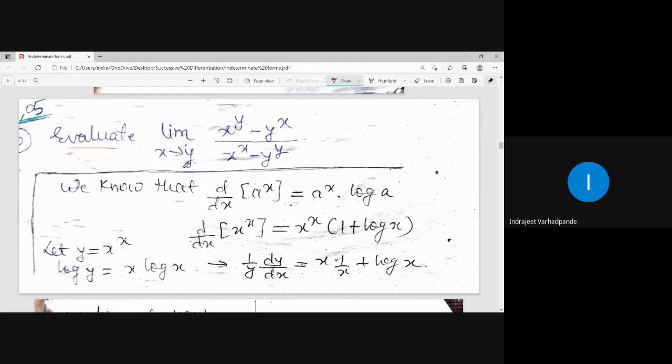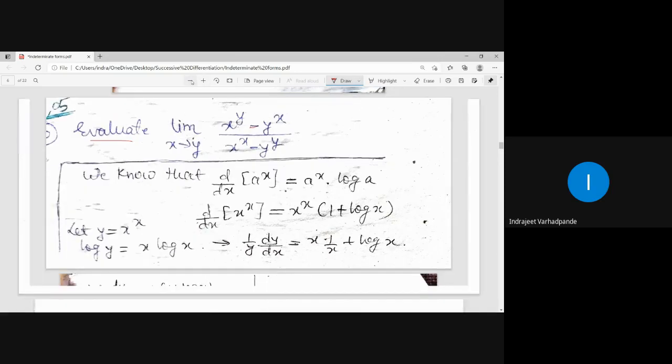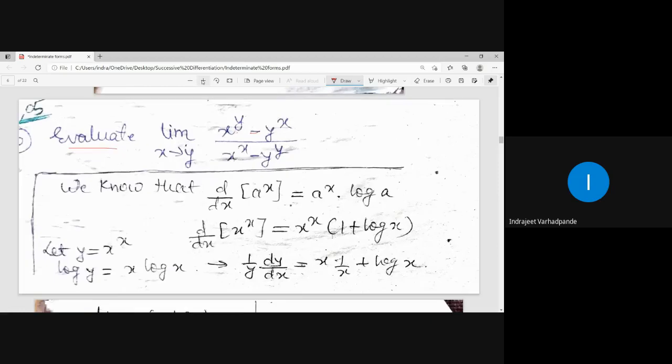Evaluate limit x tending to y of (x to the power y minus y to the power x) upon (x to the power x minus y to the power y). Very famous example.